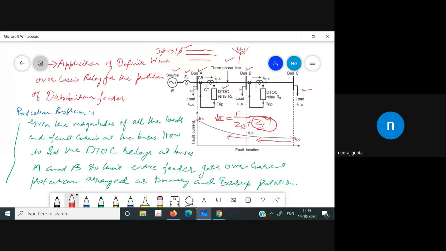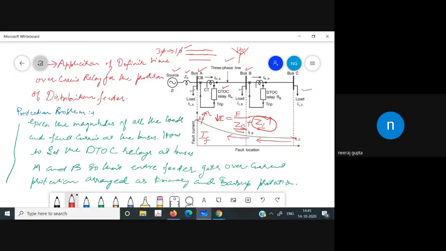The effective impedance is reduced, and we get an increased value of current.